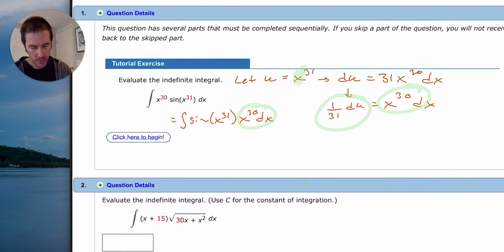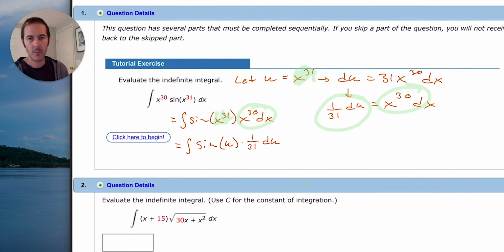Of course, x to the 31st power and x to the 31st power, that's the other half of the substitution we're going to do. So we can finally rewrite this integral as the sine of u times 1 over 31 times du.